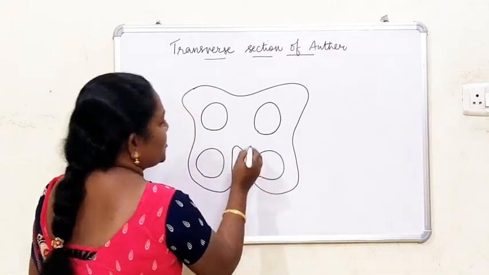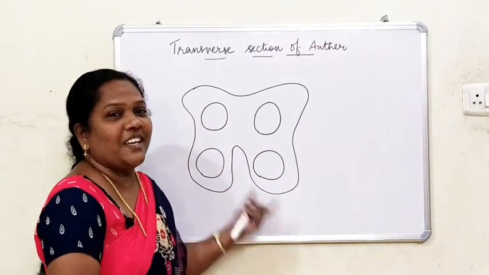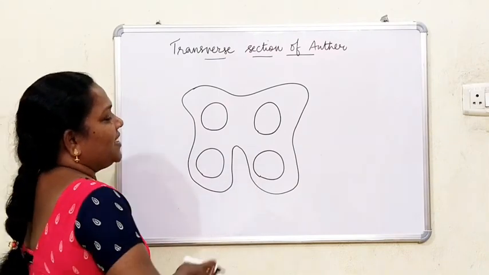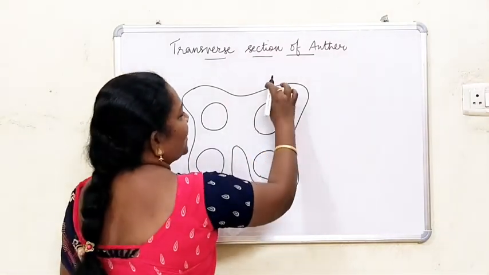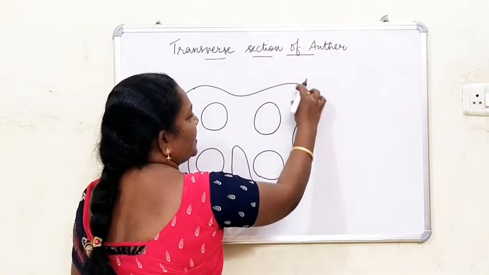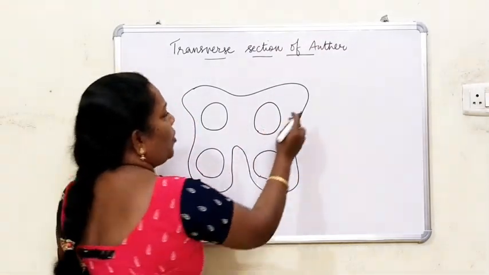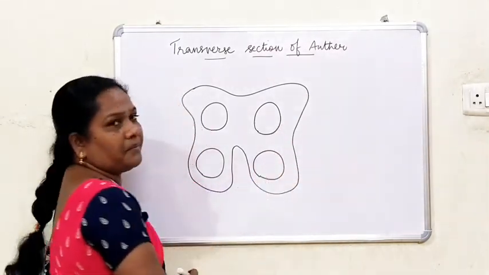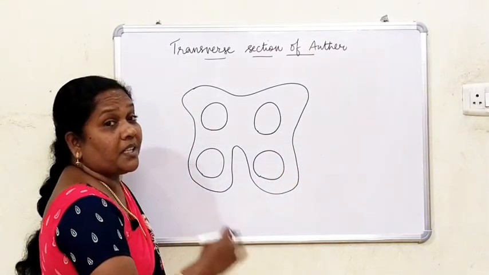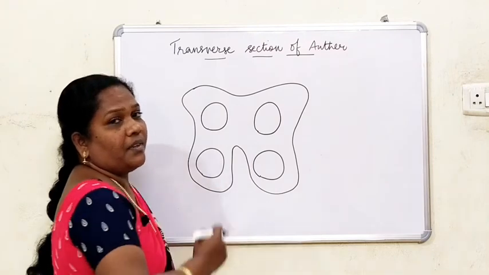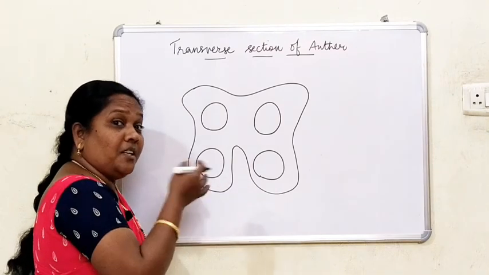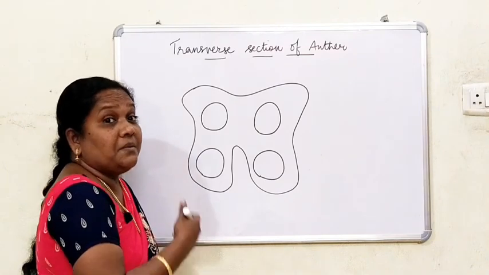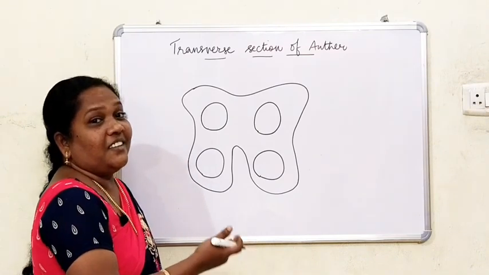When the microsporangia undergo development, they become the pollen sac. This anther wall consists of three layers which help in protection and dehiscence of the anther, whereas the innermost layer, called the tapetum, helps in nourishing the developing pollen grain.